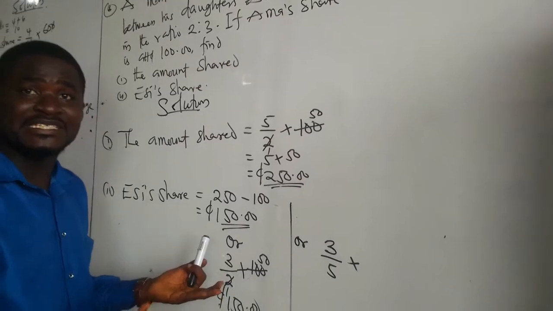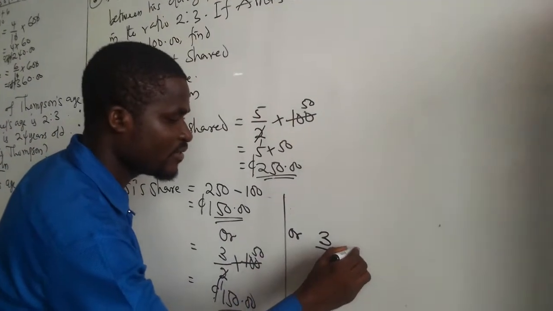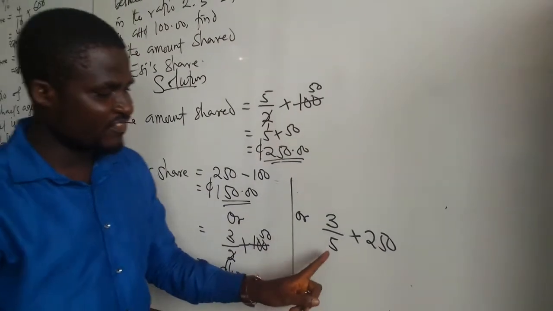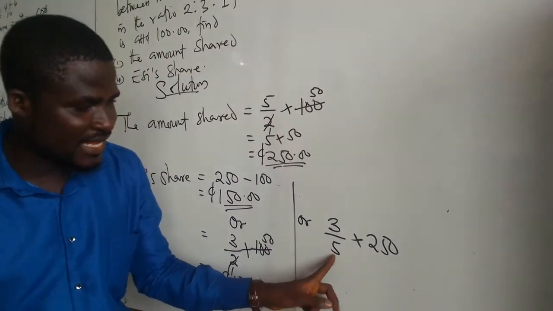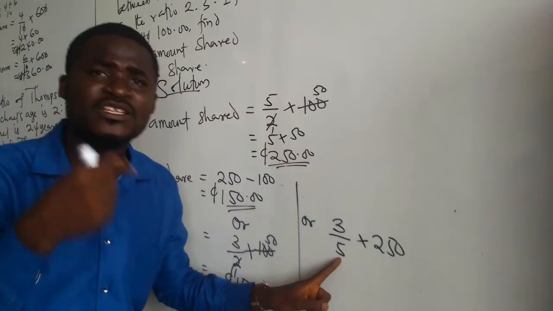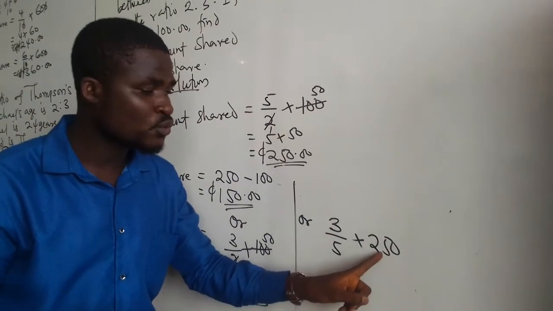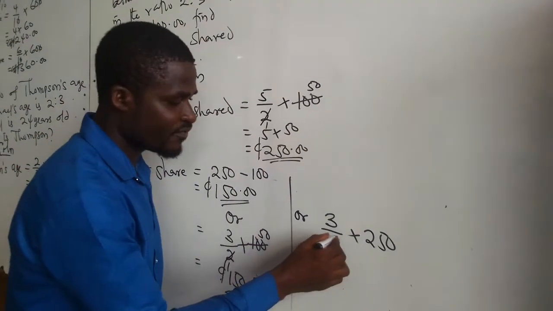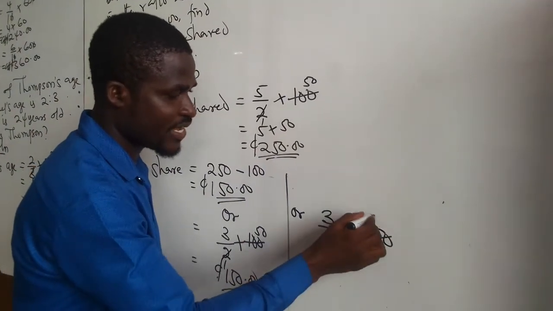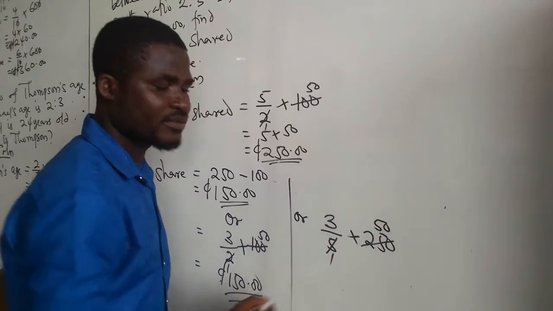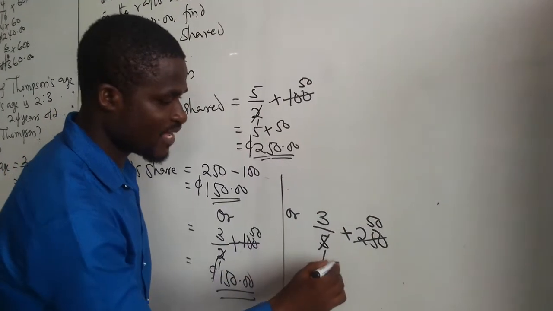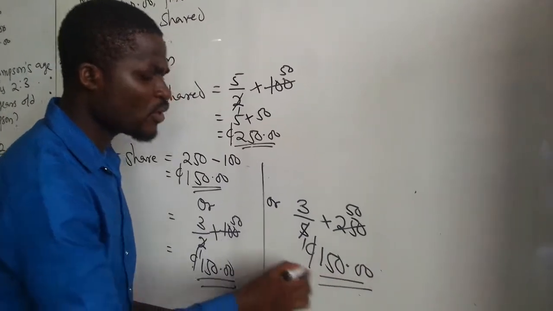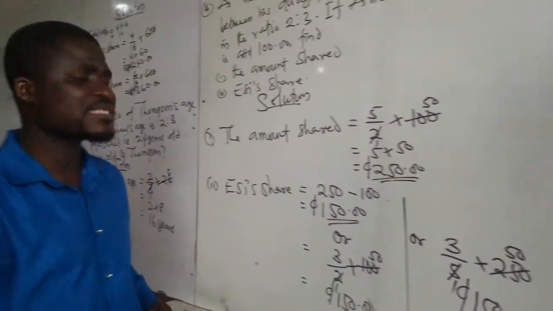Now, we know the amount shared, so times 250 Ghana cedis. The reason why I brought this 5 is that the 5 here is equivalent to 250 Ghana cedis. So, let's cancel. 5 goes here 1, 5 goes here 50. 3 times 50 will give us what? 150 Ghana cedis. So any method you use, you get the same answer.